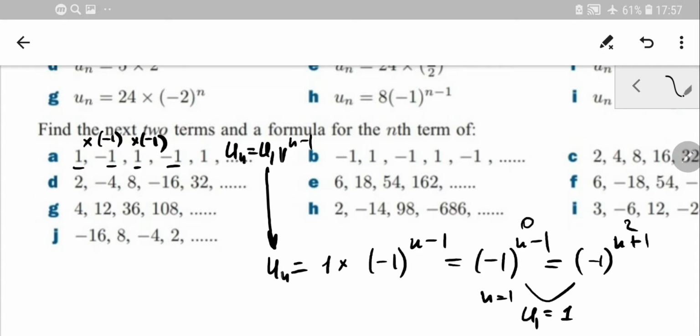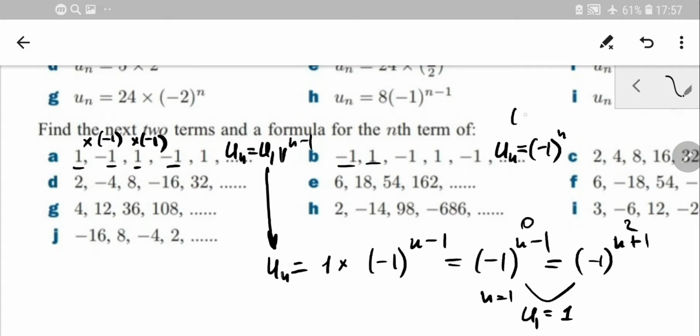Okay, so B, starting from -1 and going to 1. In the same manner, the general nth term is going to have the following form: -1 to the power of, let's say, n in total.